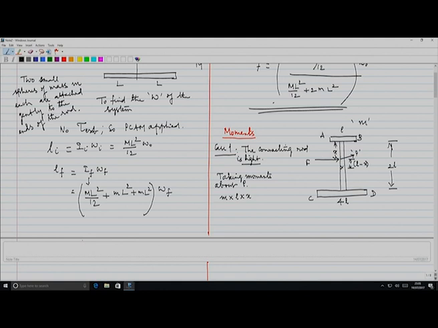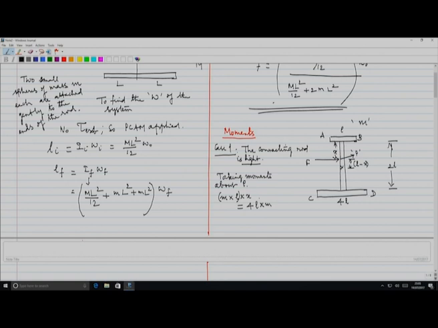Okay, that must be equal to, this is 4L, times mass per unit length. Why m into L? This is the mass per unit length is m, therefore m into L. Then that is the mass, that times x, this distance.